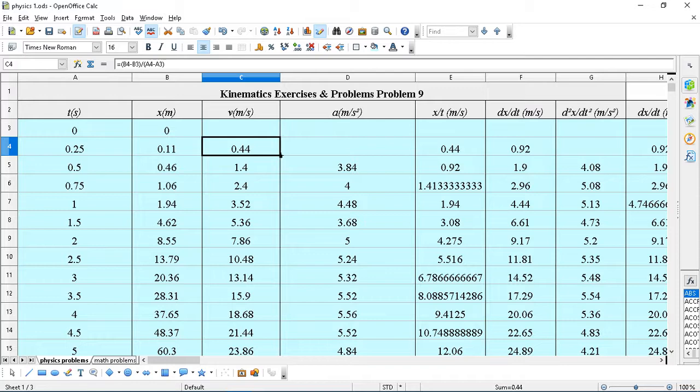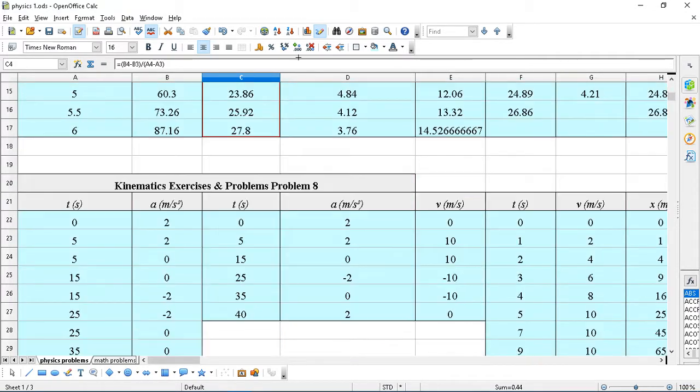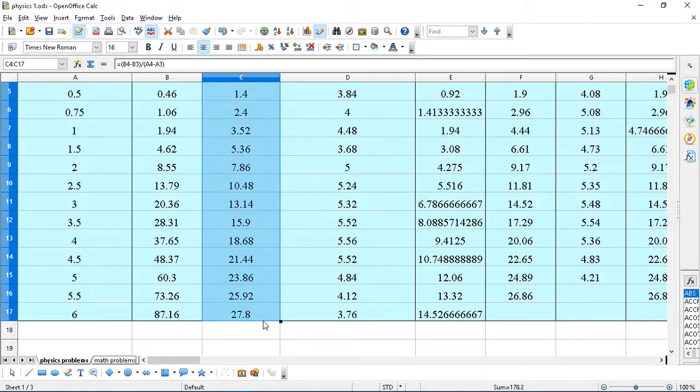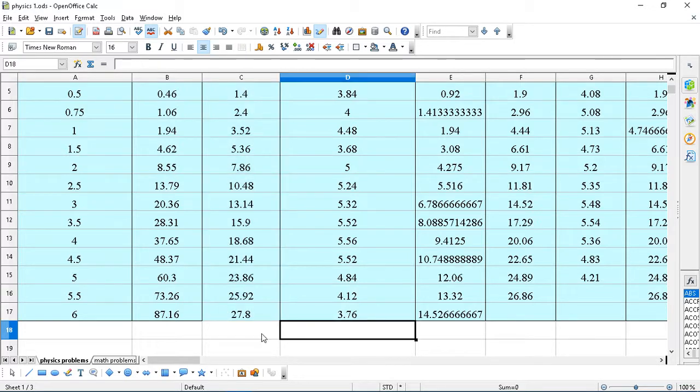By pressing down the left button of the mouse and dragging down the column to the last value to be calculated, and releasing afterwards, you will have extended the use of the formula down to the end of the column.